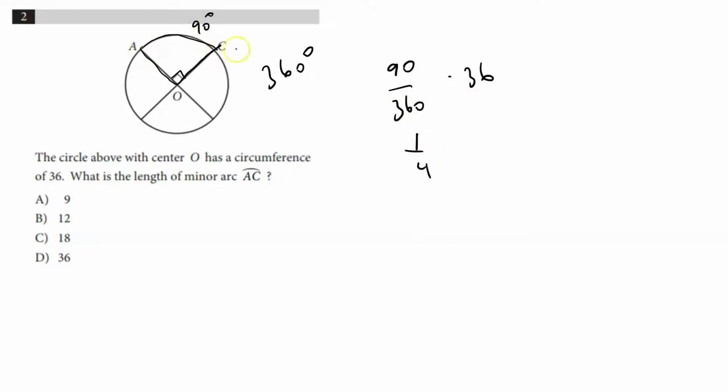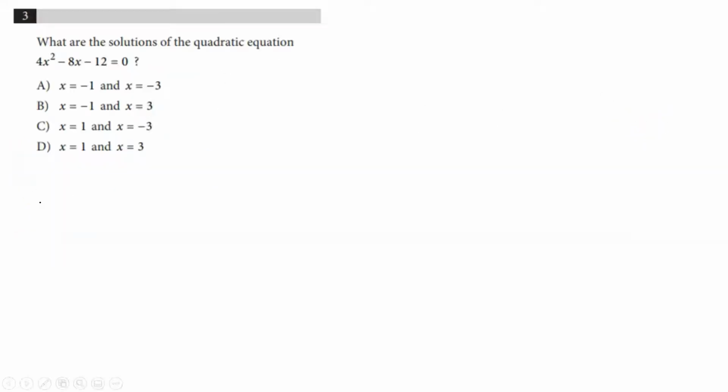Minor arc AC has 1/4 of the total degrees of the circle, so that means it's also going to have 1/4 of the total circumference of the circle. And then 1/4 times 36 is just 36 over 4, so that's 9. Answer choice A is correct.